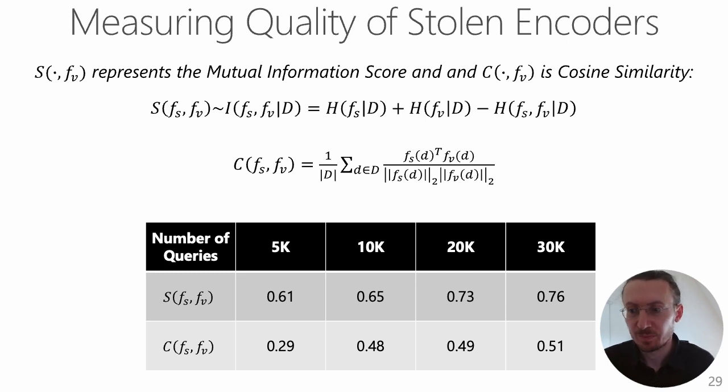So in this table, on the bottom of the slide, we show in the first row the number of queries used to steal an encoder, which was trained on ImageNet, and then in the second row we show the scores for the mutual information, and the last row is the score for the consistency score. So the more queries we issue against the victim encoder, the more faithful a copy of the victim we obtain on our end as an attacker, and the higher the score, either mutual information score or the consistency score.